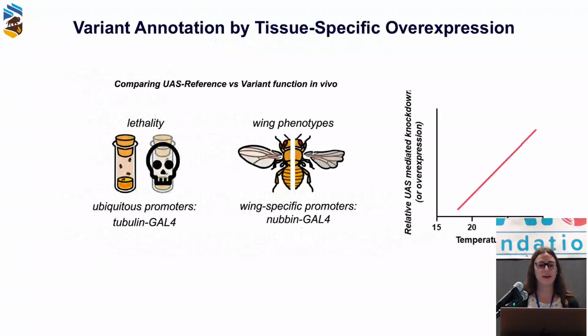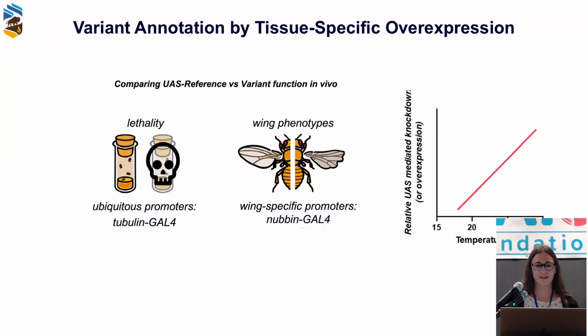One of the experiments that we do is called tissue-specific overexpression. What this is, we actually overexpress the human gene or a human genetic variant in the fruit flies, and we observe the results of this. We're always comparing the variant to our reference, and this could be a non-disrupted KAT6A or KAT6B gene.